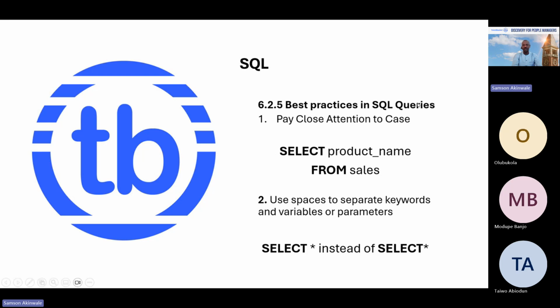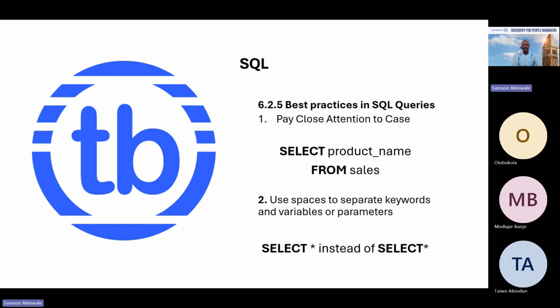For instance, we are querying out a particular column whose name is product name. That is the name of the column. So we don't necessarily need to put that in any special case. It can remain in lowercase, while all SQL commands or SQL statements can maintain uppercase. And that's a good practice.